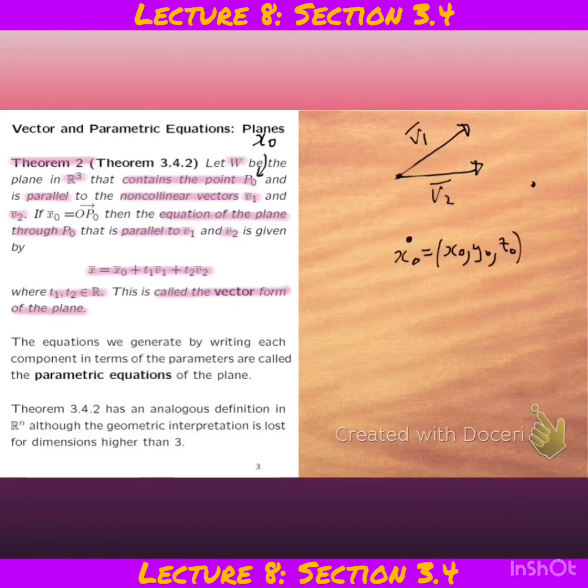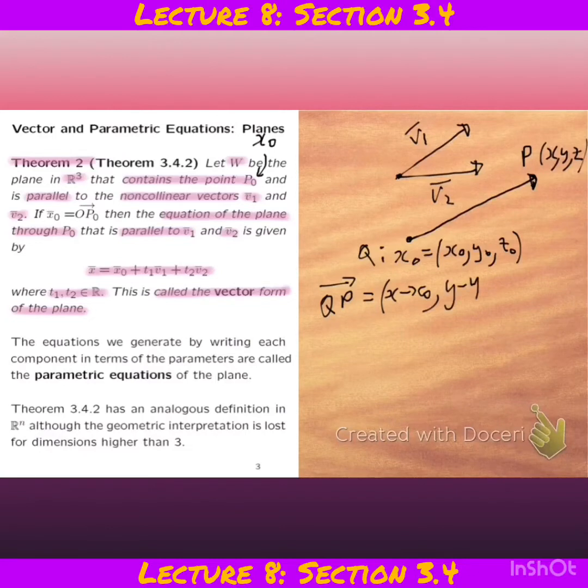So basically, you're given the point Q there, and you take a point P, any arbitrary point. It's arbitrary, but it has to have the following property. You take this vector here, so it's x minus x0, y minus y0, z minus z0.